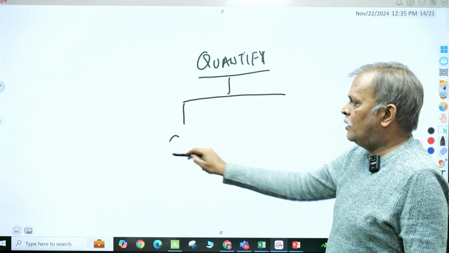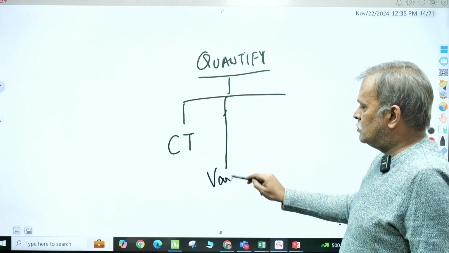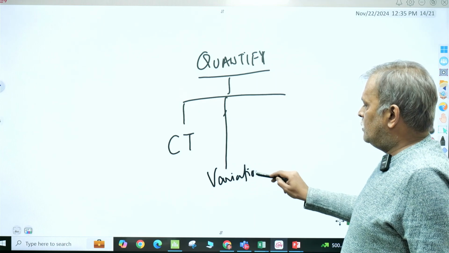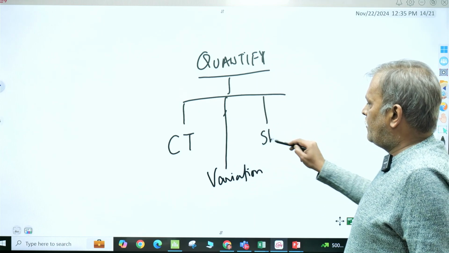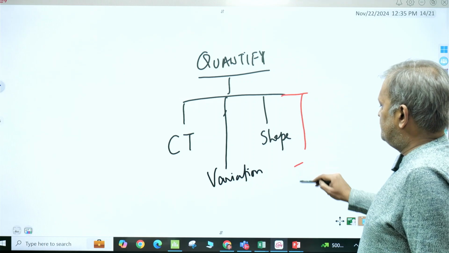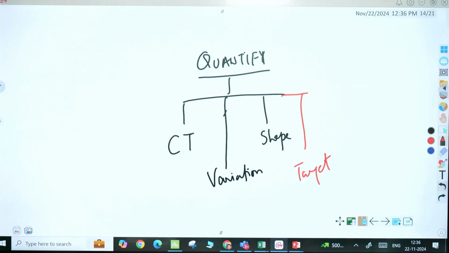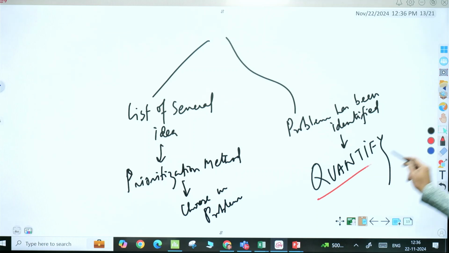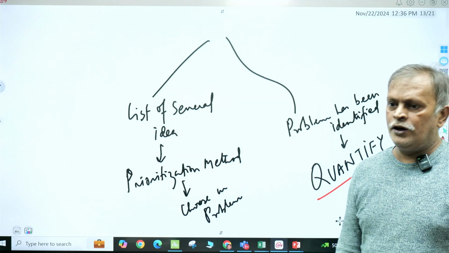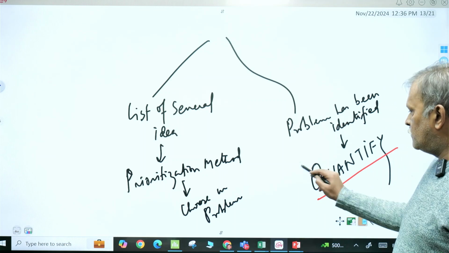Identify data का central tendency, identify data का variation, identify data का shape, and if you have some target, compare it against a target. So step two, अब तक जो इंग्लिश में था, I am getting too many defects. There is a lot of waiting time. इंग्लिश नहीं चलेगा. We have to convert this into numbers.